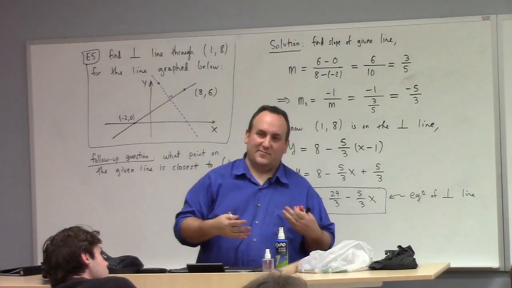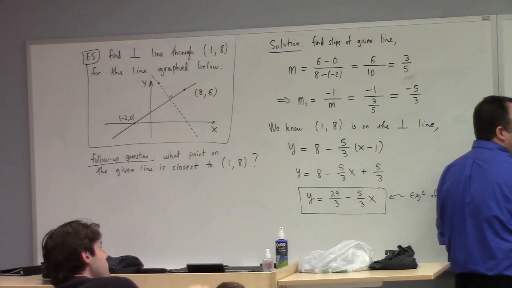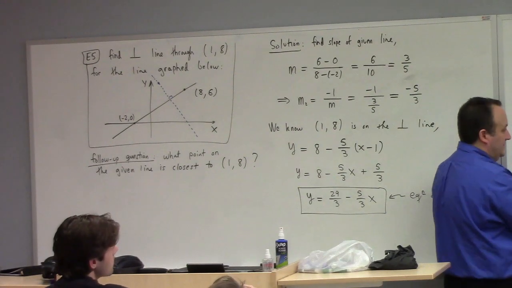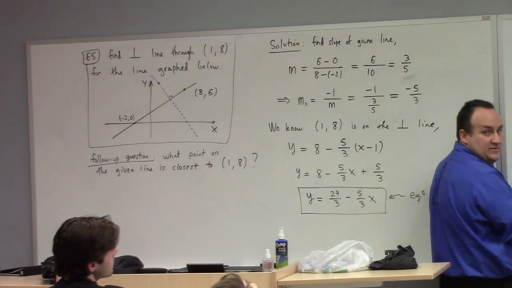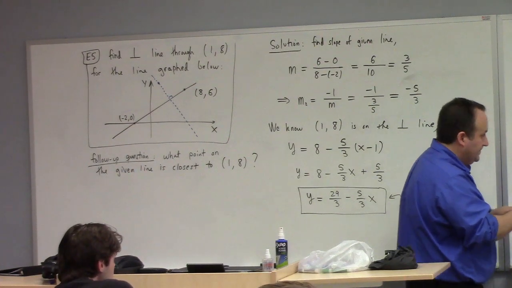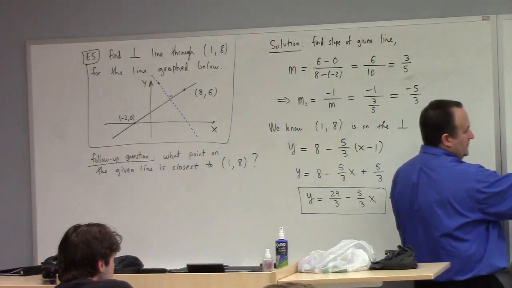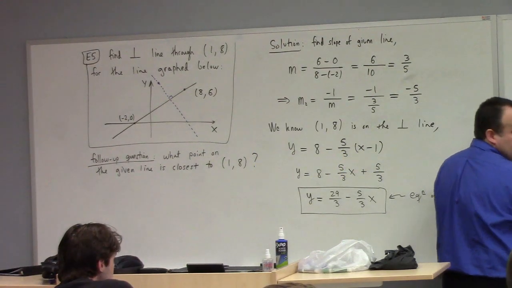So is the distance from the point to the line 7? Well, no, because you could do better. This point here is closer than 7. This point here is closer than 7. What's the closest point? The closest point is on the perpendicular line.